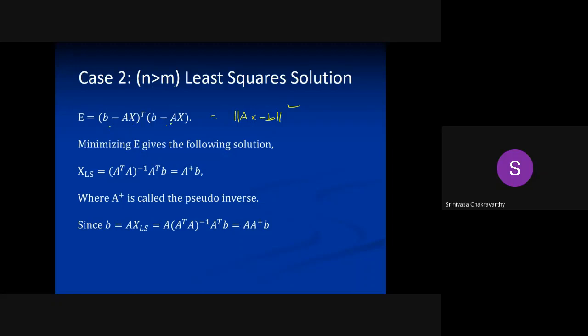If you actually expand this out, you get E equal to b transpose b minus x transpose A transpose b minus b transpose Ax plus x transpose A transpose Ax. You'll have 4 terms like this, and you can easily show that these 2 are the same, so you just make 2 times one of them.